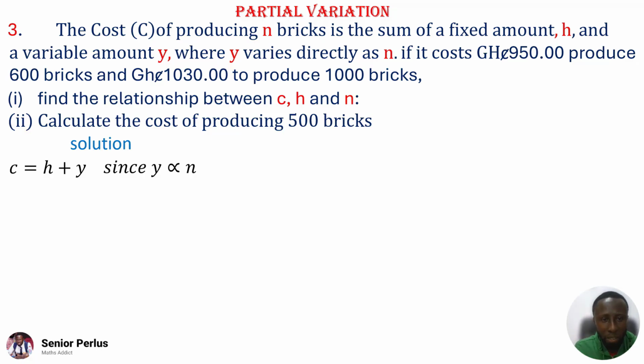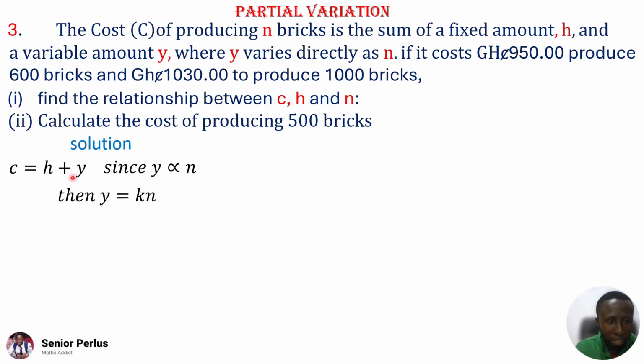So let's put this into an equation of variation. It can be written as what? Kn. Okay, Kn, we know how to do this. Good. Now let's put this into a partial form.